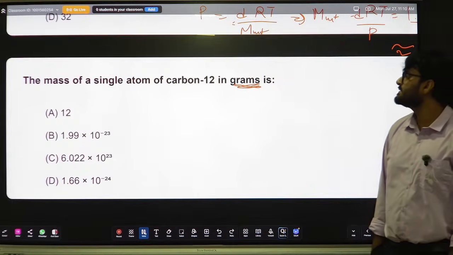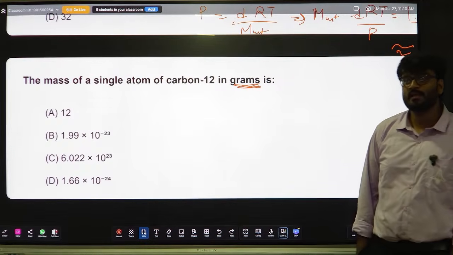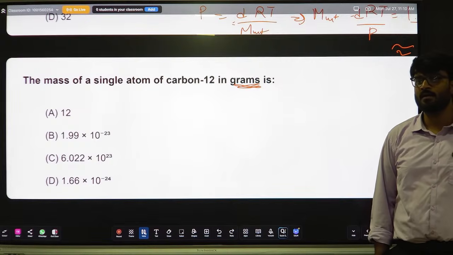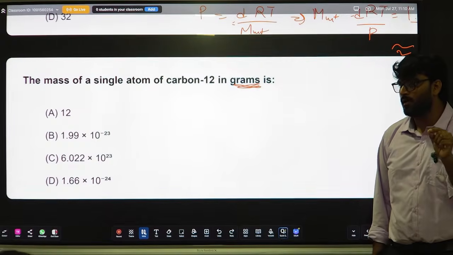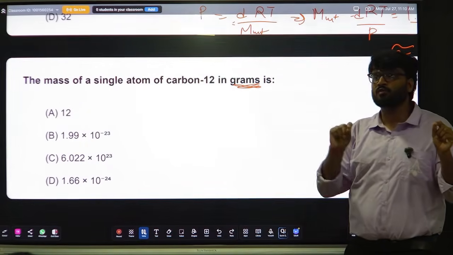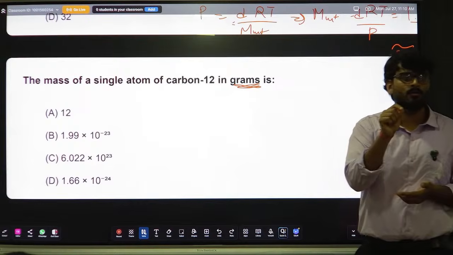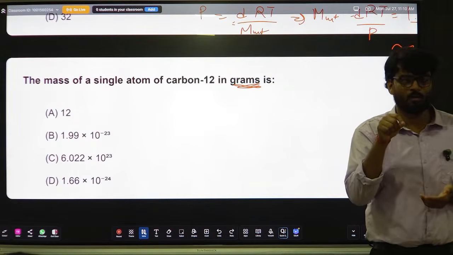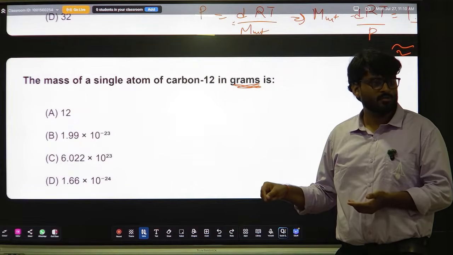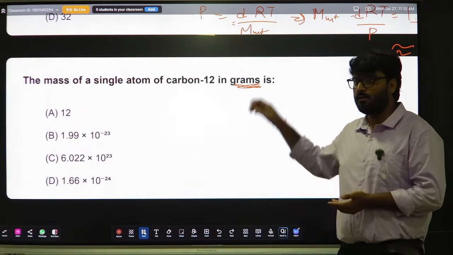The mass of a single atom of carbon 12 in grams is. You can start from the basic formula. Number of particles is equal to n into Na. Here it is asking the number of single atom of carbon. So number of atoms is equal to n into Na. n is what? Mass by molecular weight, and for carbon it is 12, into Na.